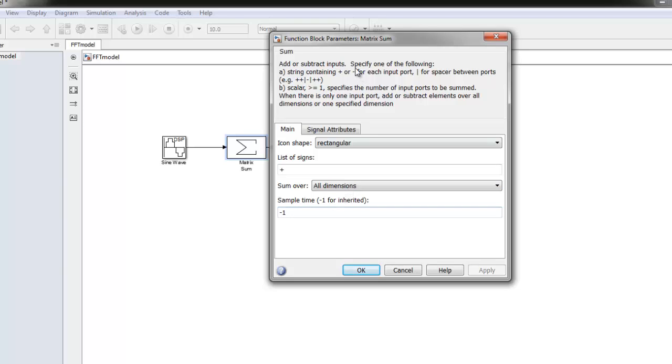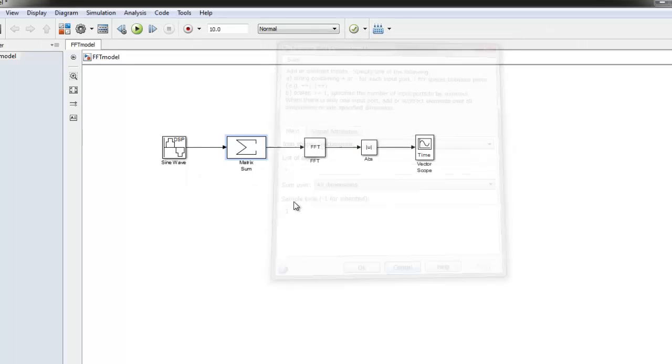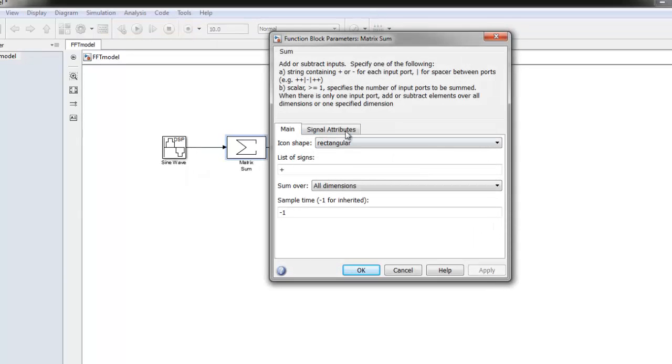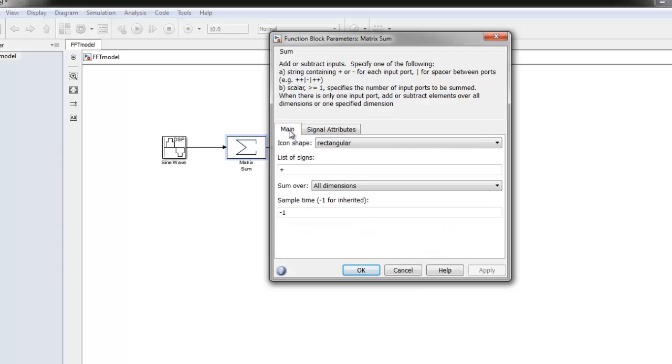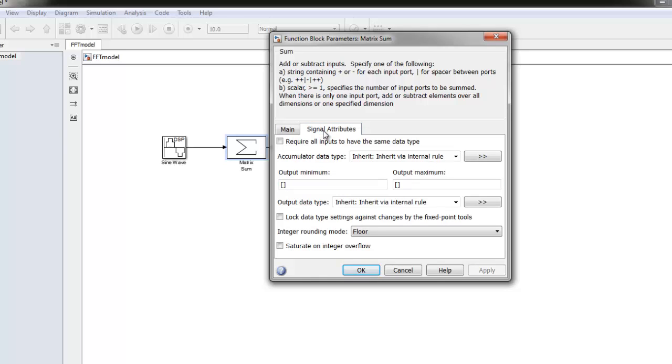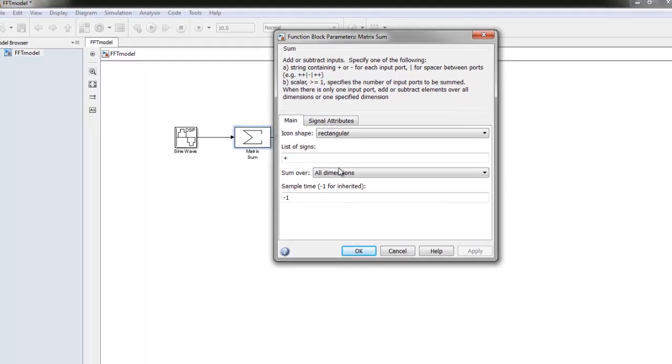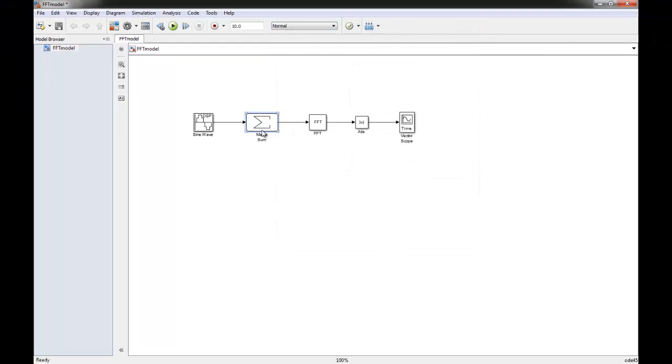Matrix sum. Okay, I'll leave it as it is.